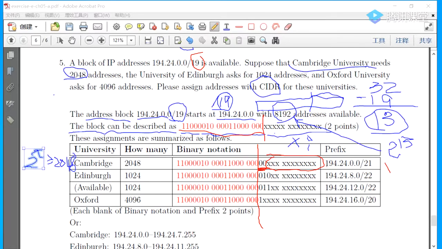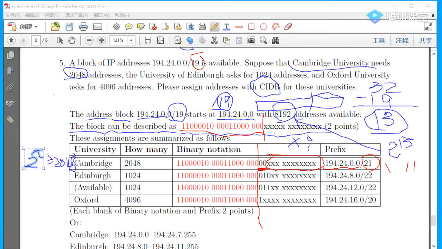So the base address is 194.24.0.0. Then slash, how can we get 21? Since the length of the host portion is 11, 32 minus 11 gives us a prefix length of 21, right?